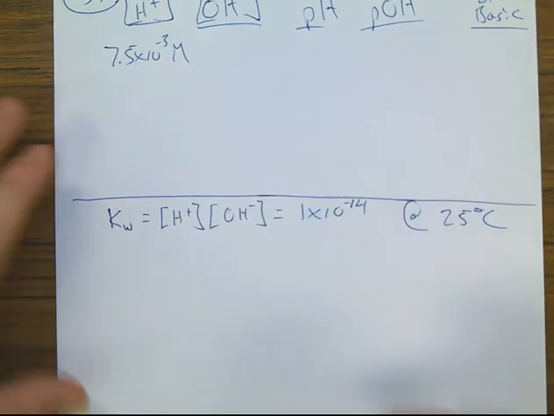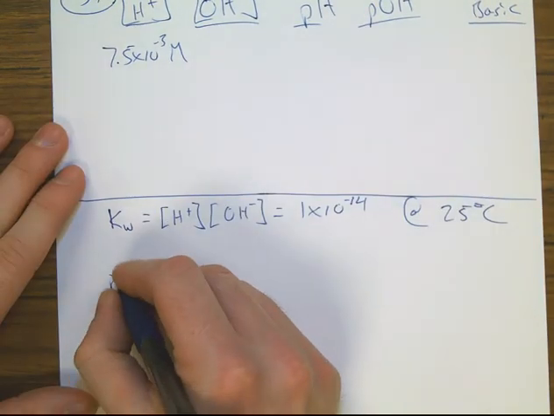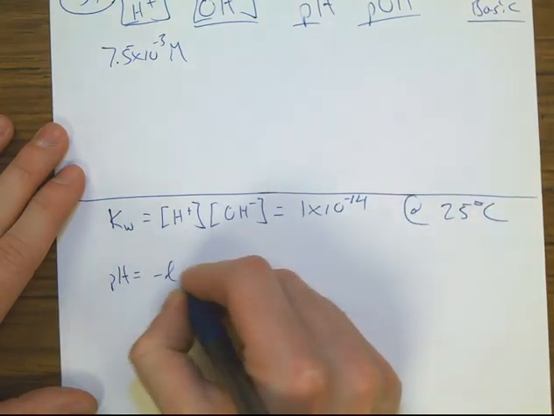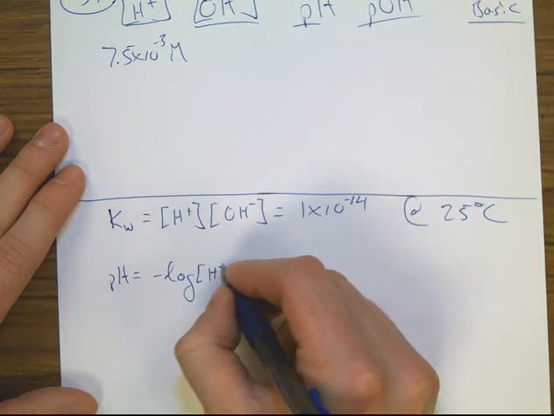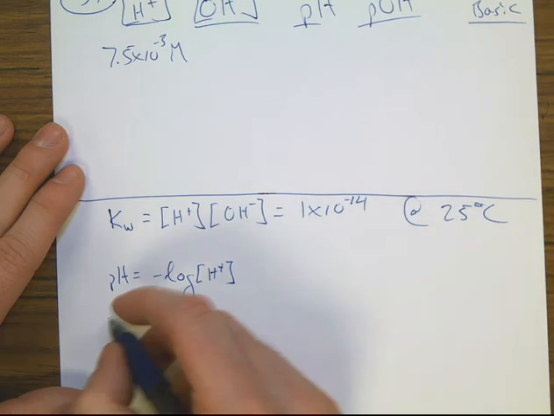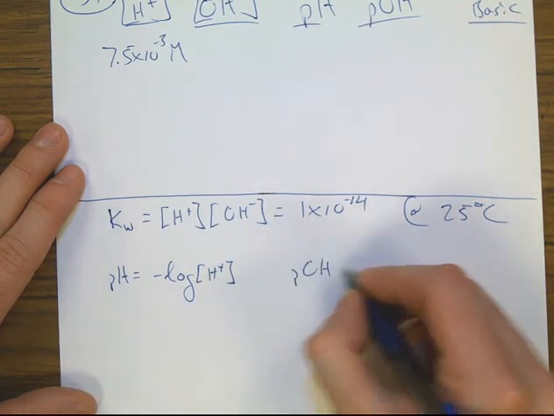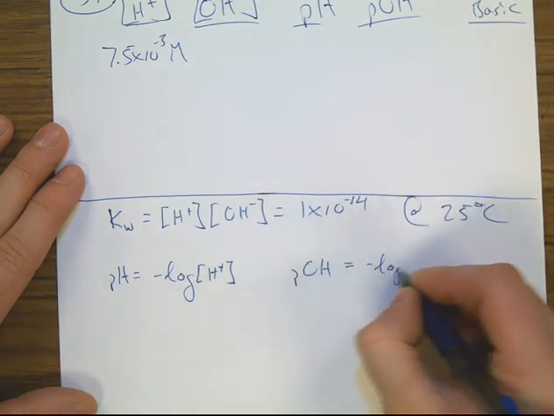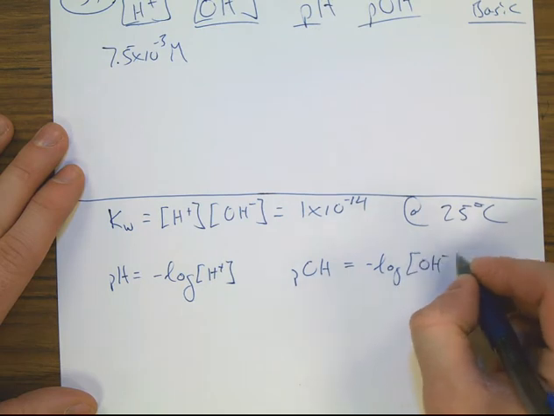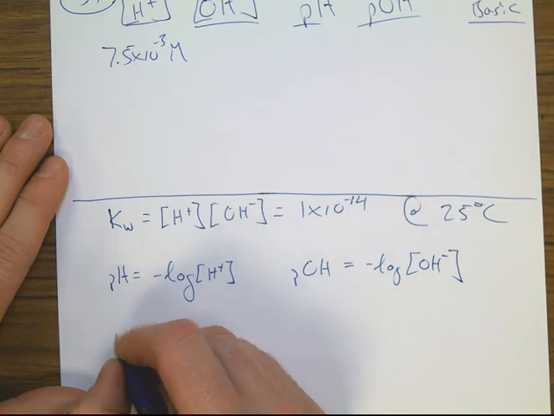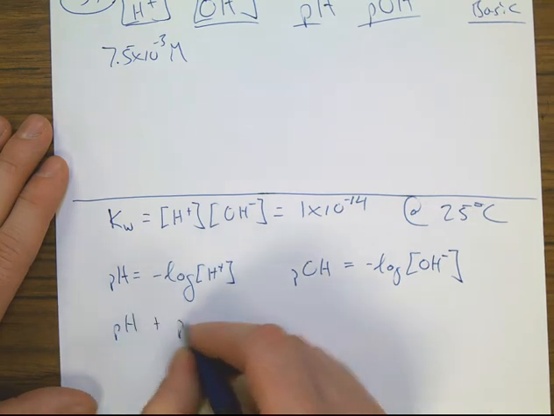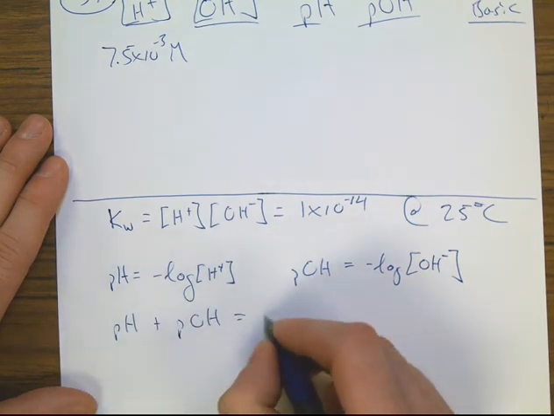All right, now, another equation that we have to be familiar with is how to figure out pH and pOH. pH, the p means negative log, so it's the negative log of, and since it's H, the hydrogen ion concentration. pOH is the opposite, which is the negative log of hydroxide ion concentration. And don't forget the pH scale goes up to 14, so if you take your pH and add it to your pOH, it's always going to equal 14.